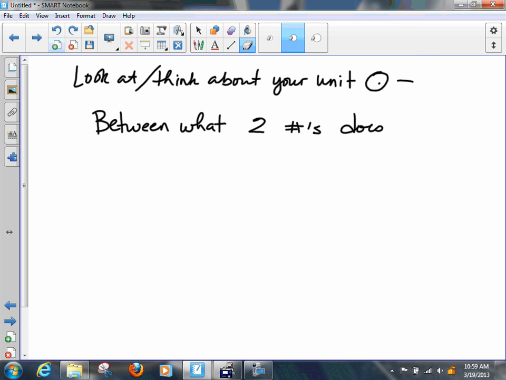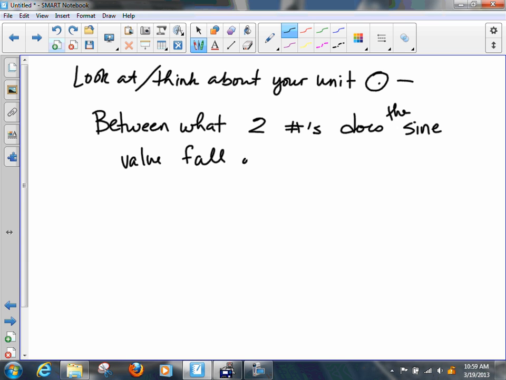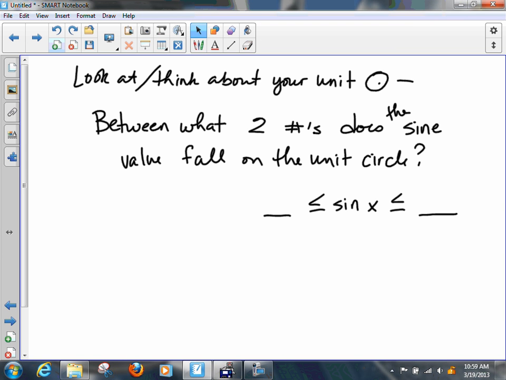You don't have to write that, but I do want you to write the next sentence. Between what two numbers does the sine value fall on the unit circle? You're going to put a number in those blanks.